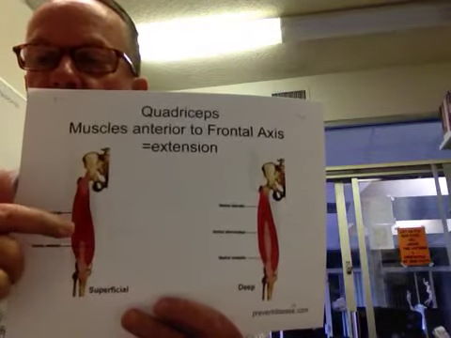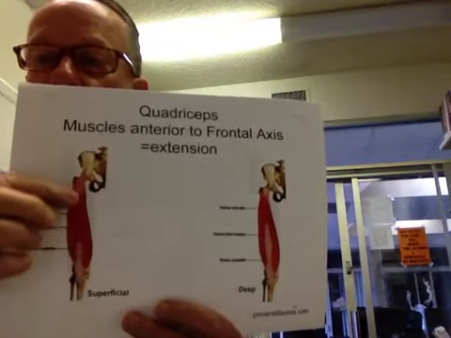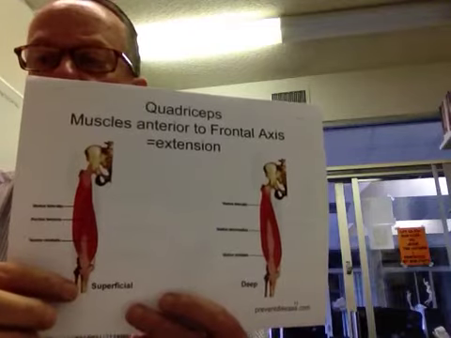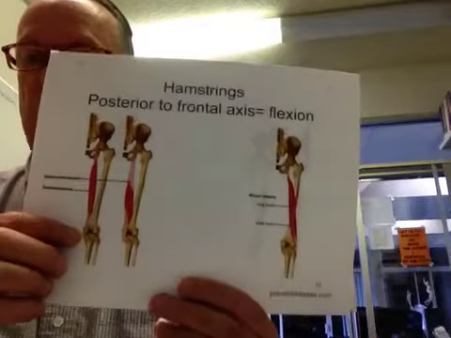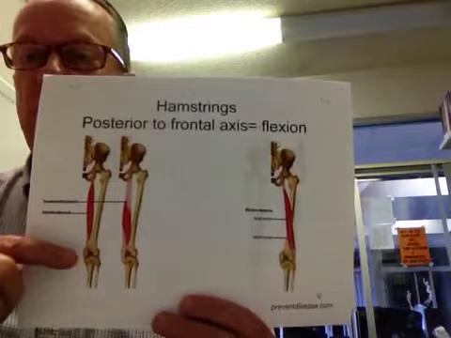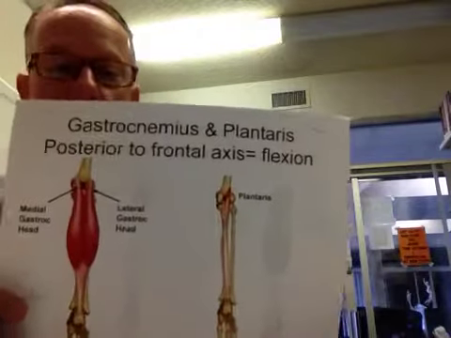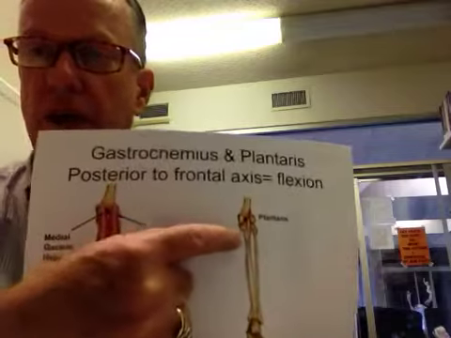Through concentric contraction, if we're loaded up doing a squat, these extensor muscles control the rate and extent of flexion. And then the flexor muscles obviously are muscles that pass posterior to the frontal axis: the hamstring muscles, the gastroc muscles, and a vestigial muscle, a little tiny muscle belly called the plantaris.